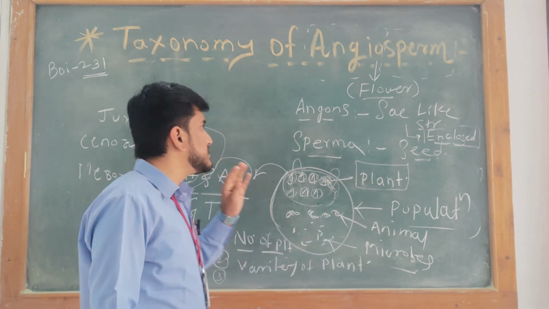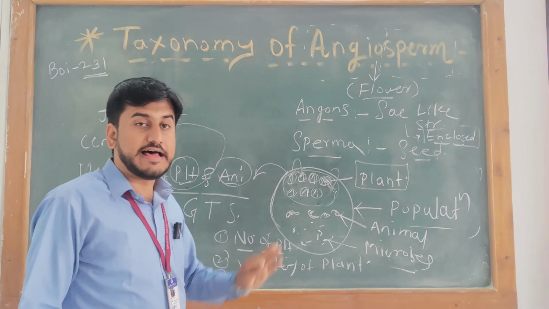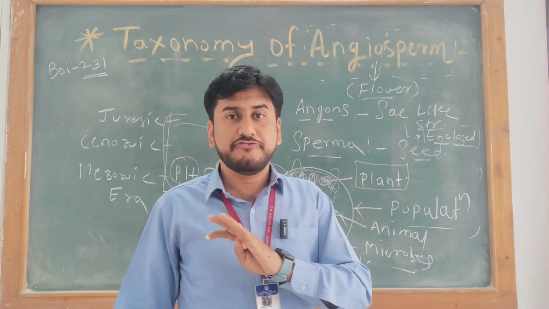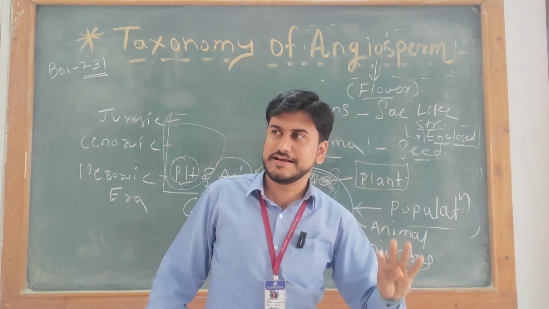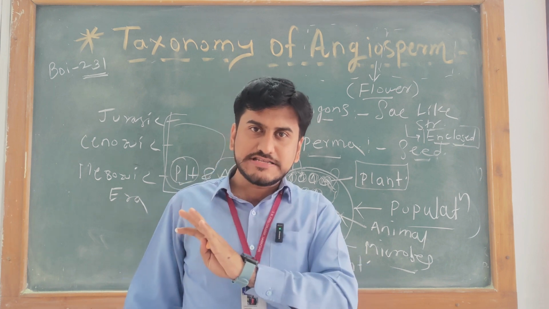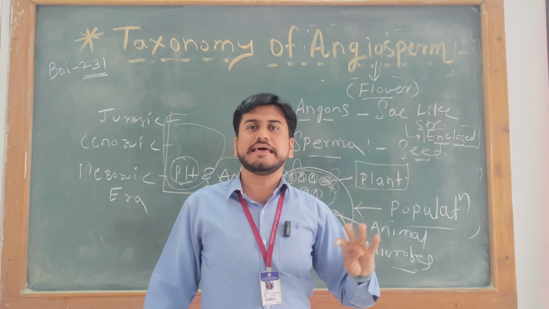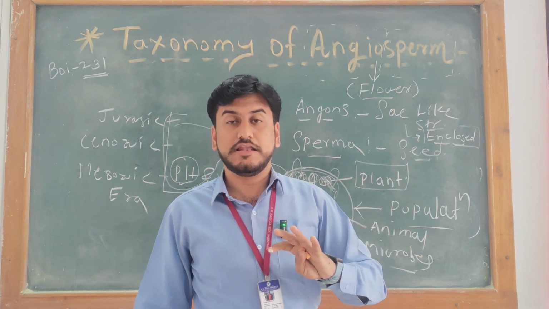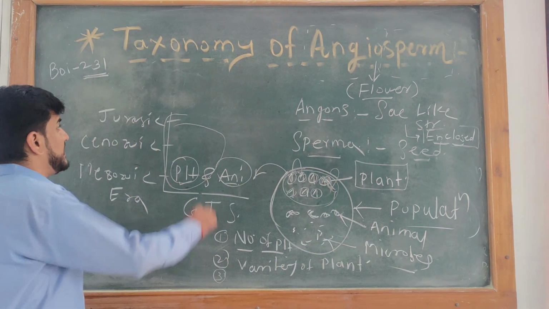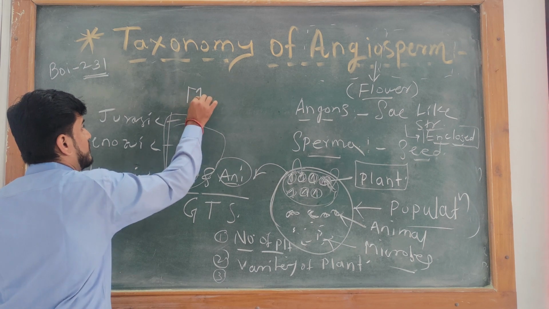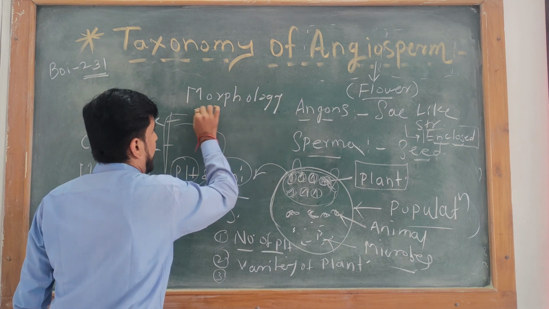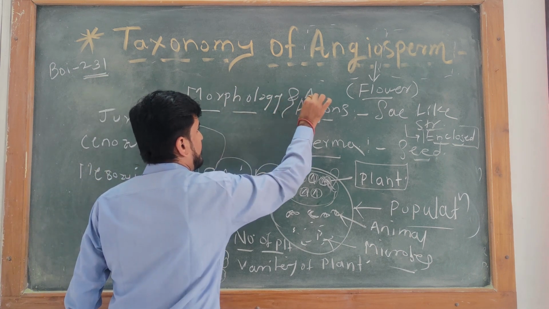Bentham and Hooker classified the plants into different groups, and they studied very simply at the morphological level as well as the anatomical level only. They did not study DNA, RNA, molecular level, or genetic level, no. According to Bentham and Hooker, they studied only and only morphology and anatomy.